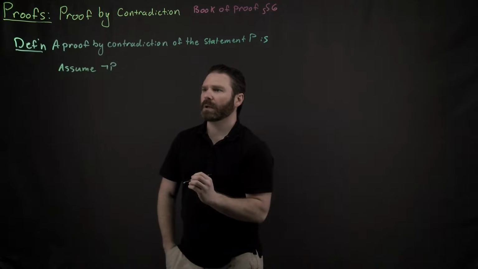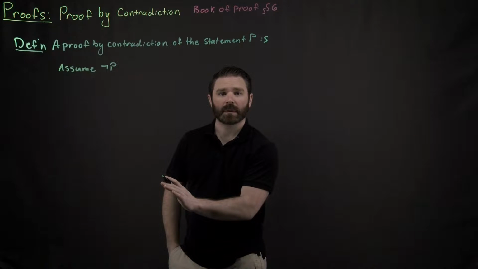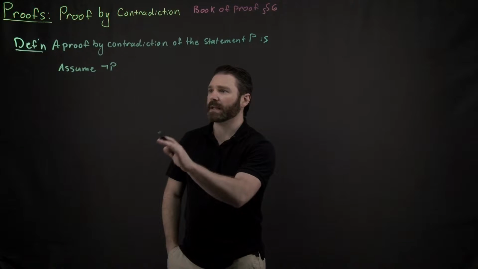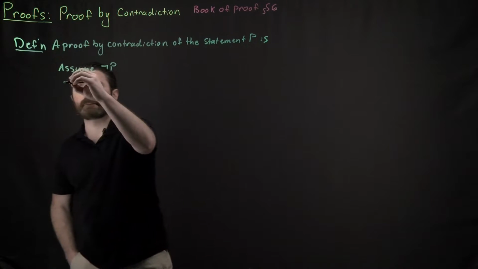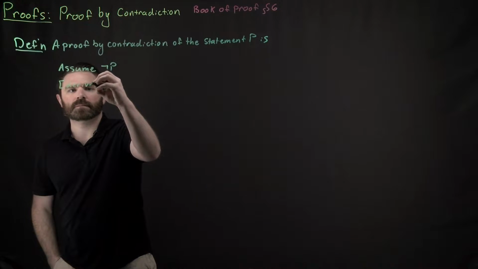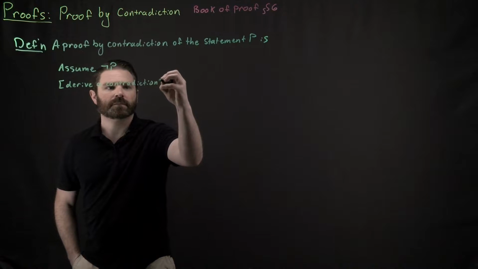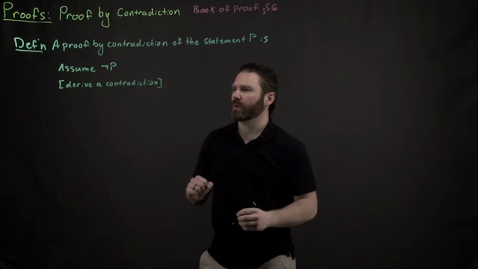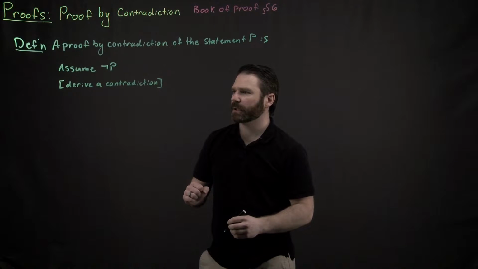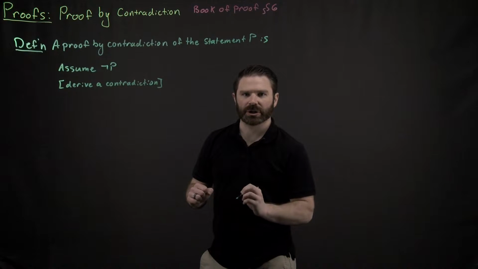You assume not P. So you assume that not P is true. Then you need to derive a contradiction. I'll define a contradiction in just a second.